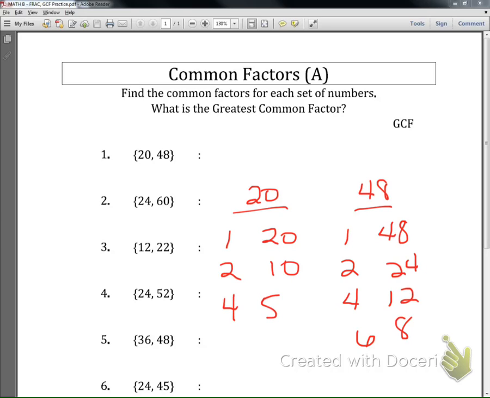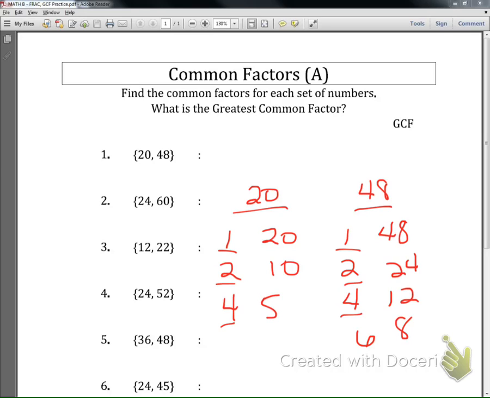Okay, so I wrote all the factor pairs of the 20 and the 48. So how do I find the greatest common factor? Well, first of all, let's talk about what a common factor is. A common factor means it's a factor in both numbers. Let's see if we can find any common factors here. Well, 1's a common factor. It's in both sets. So's 2. So's 4.